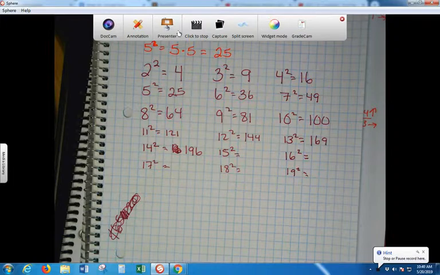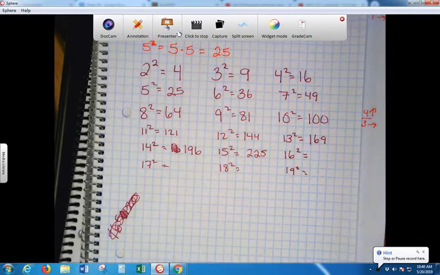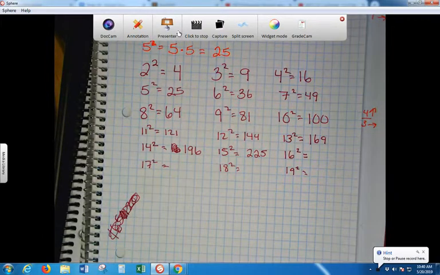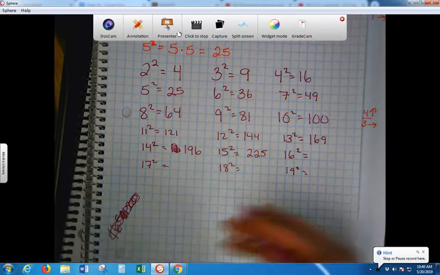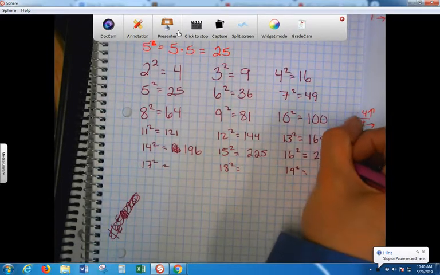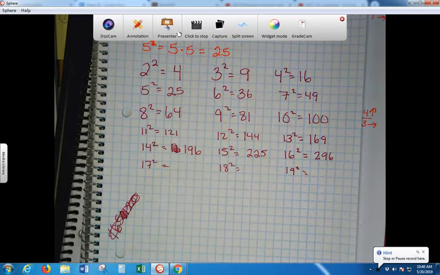15 squared. 225. Yep. 16 squared. Do we agree? Yeah. 17 squared. 289.